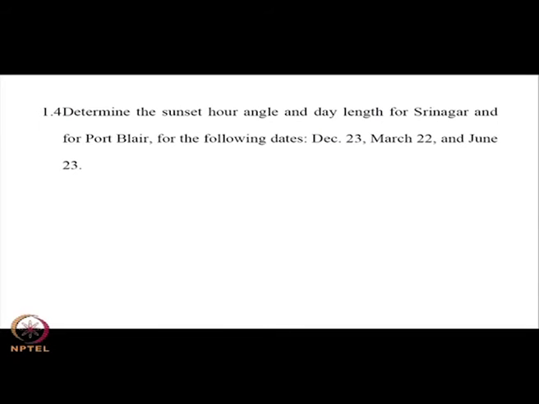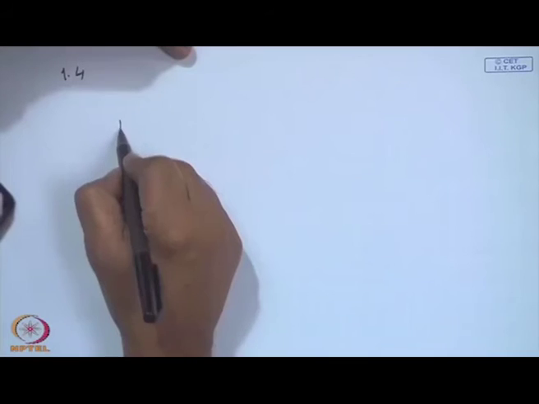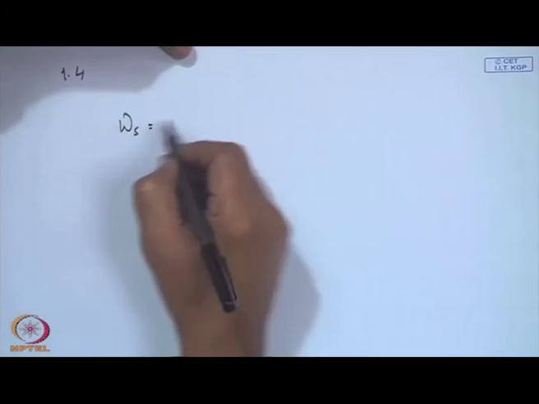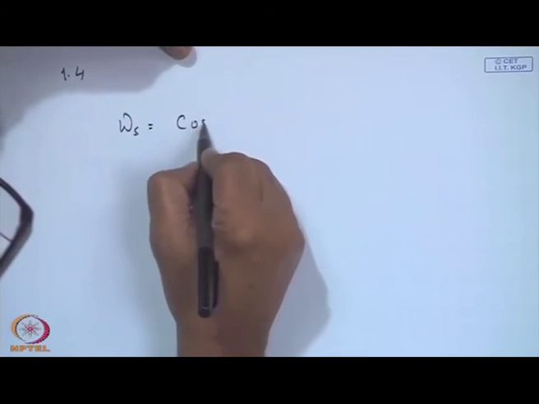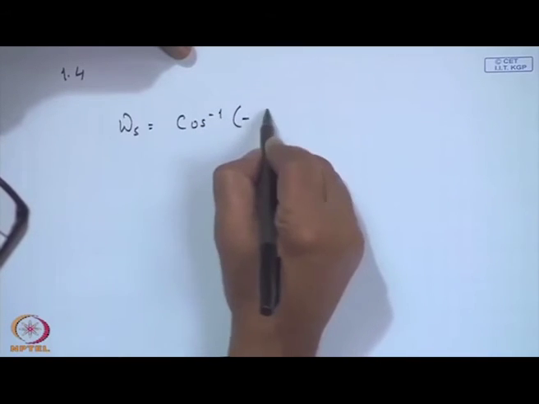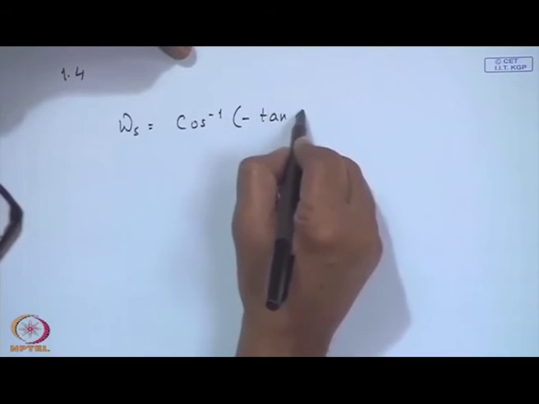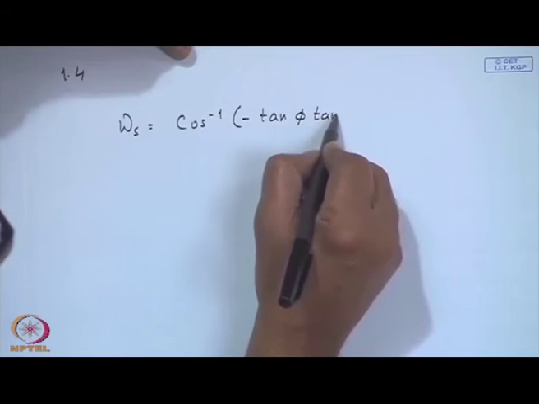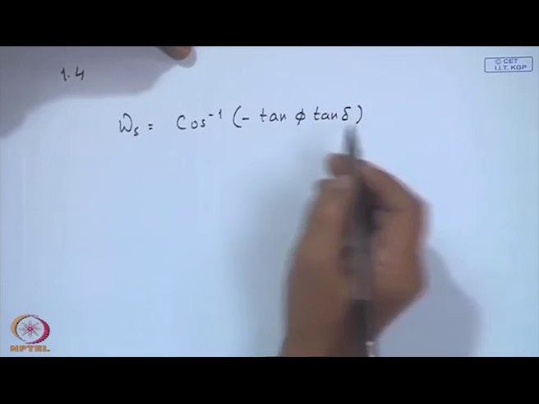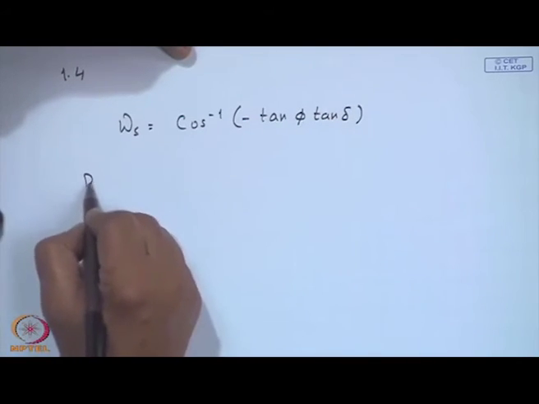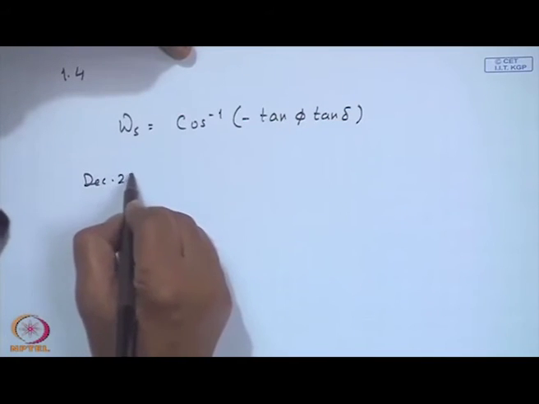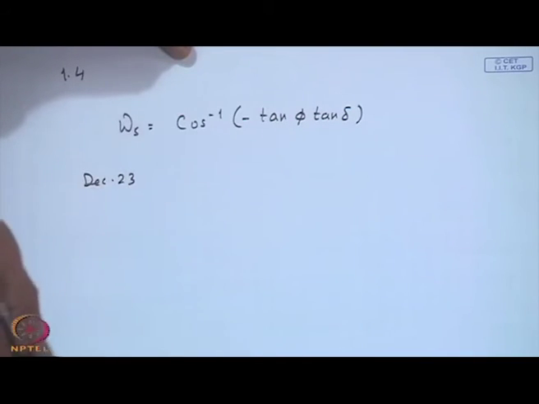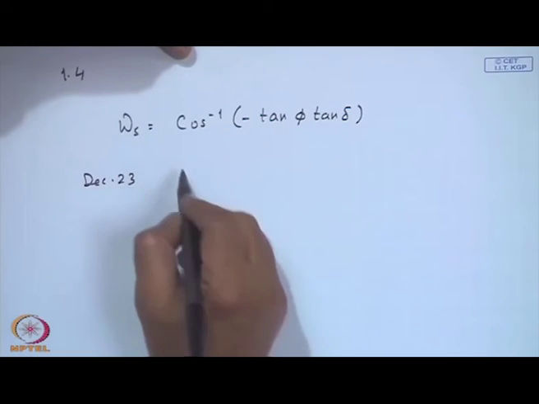So, it should be able to make us understand the variation in the day length and the sunset hour angle depending upon the latitude and the season. So, sunset hour angle is nothing but cosine inverse of minus tan phi tan delta. And for December, do not worry about 21st or 23rd or 22nd. Okay.